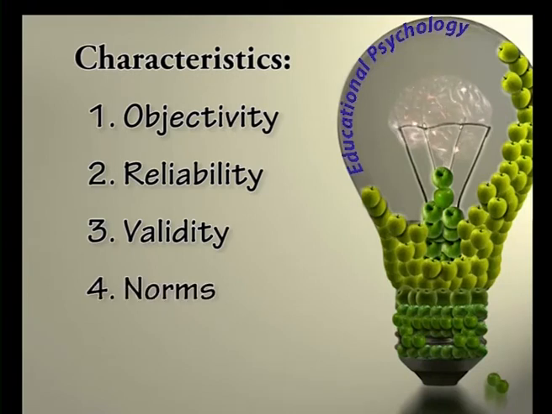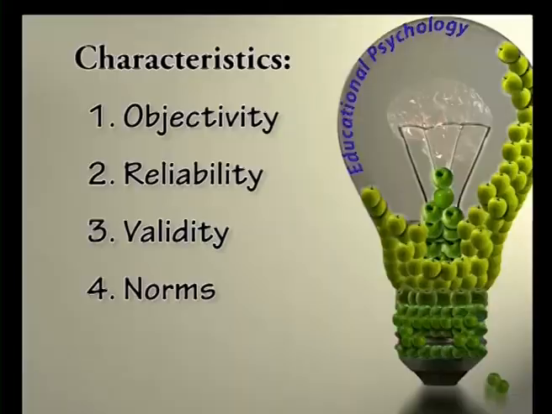Now let's talk about norms. Norms refer to the average performance of a representative sample on a given test. It gives a picture of the average standard of a particular sample in a particular aspect. Norms are the standard scores developed by the person who develops a test.